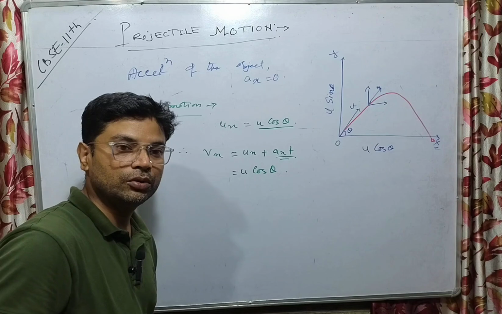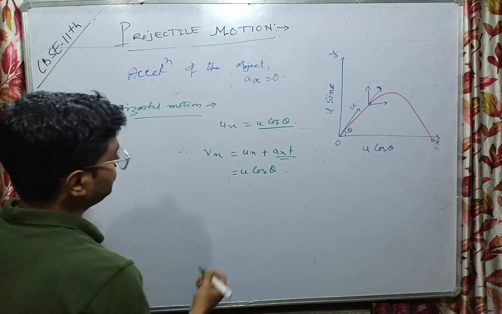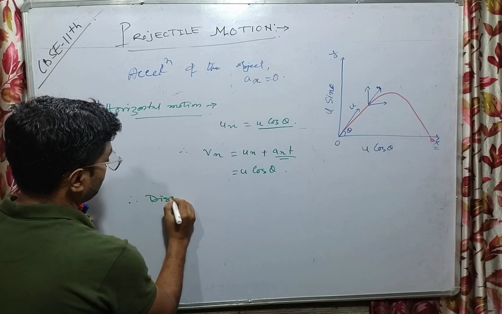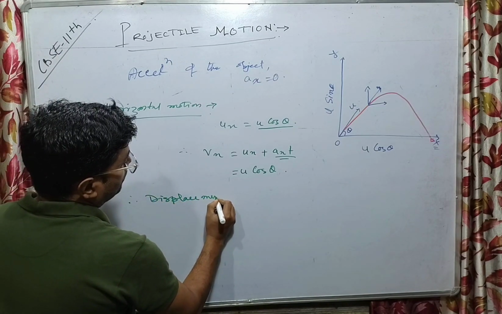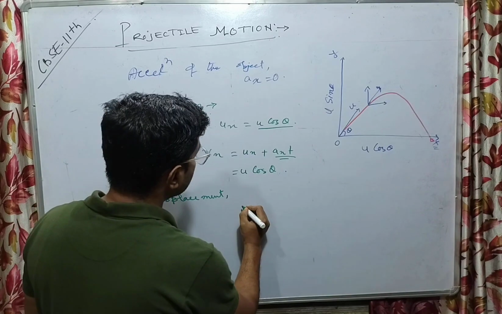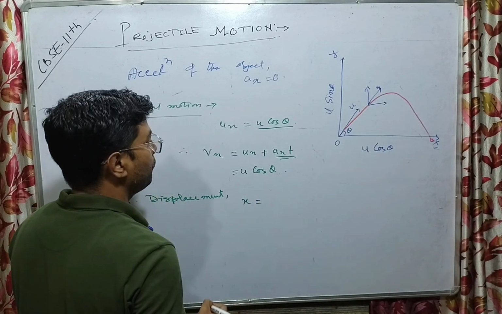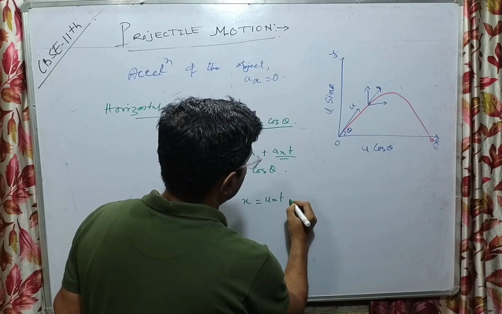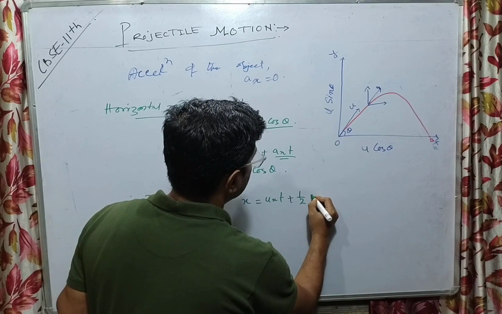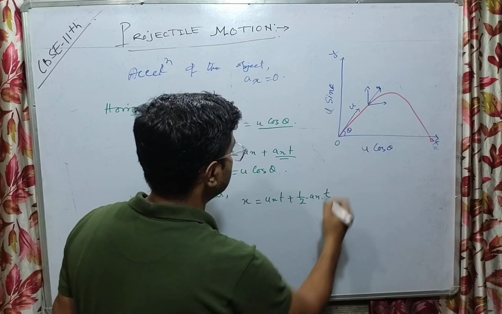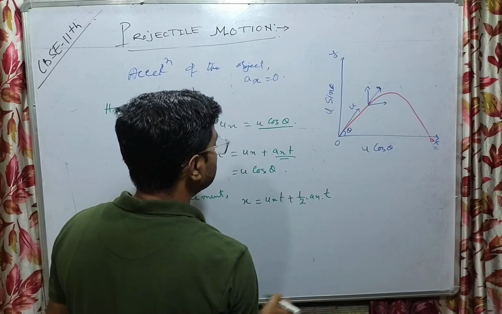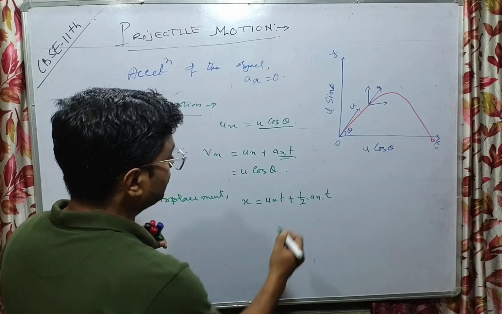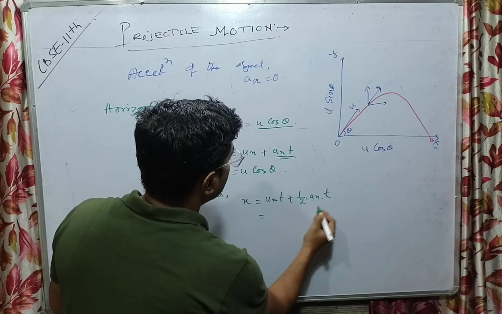Again, the displacement along the horizontal axis, x, is equal to ux t plus half ax t squared. Since ax is equal to 0, this term becomes 0.